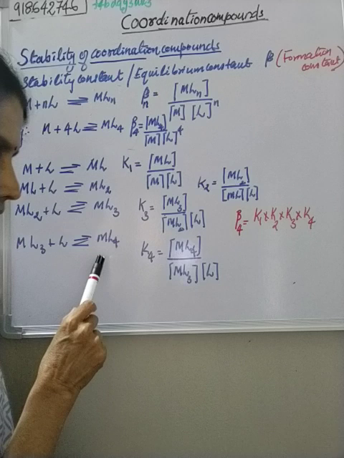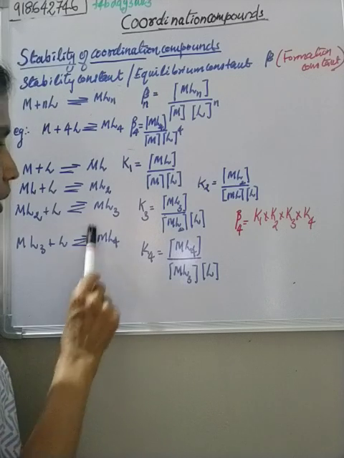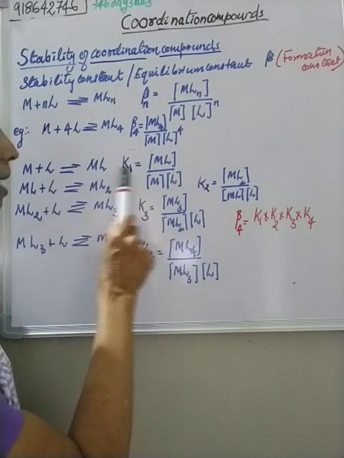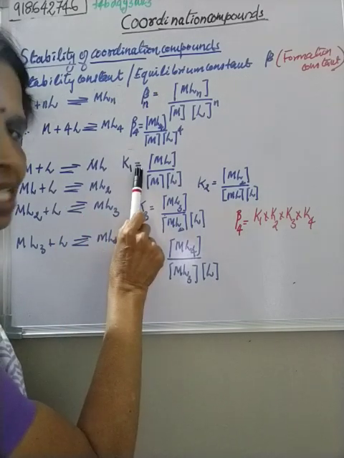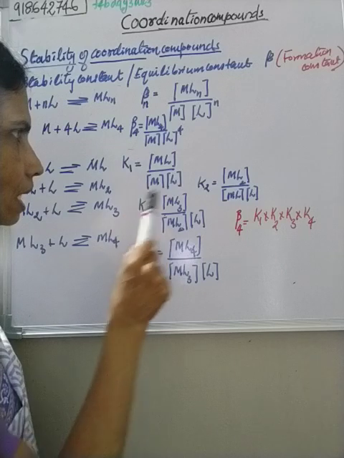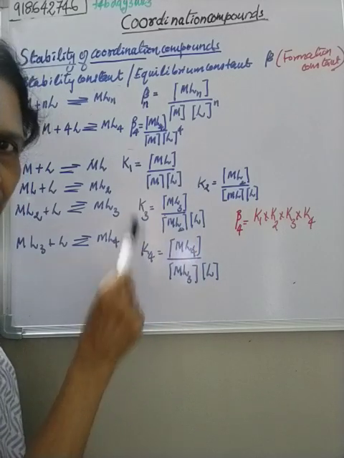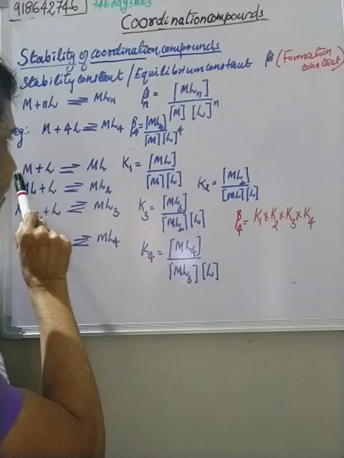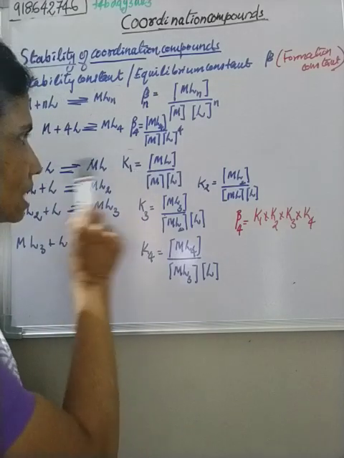So we have 4 steps showing the formation of the complex ML4. For each one, K1, K2, K3 and K4 are called stepwise stability constants, which are the corresponding equilibrium constants for each step.